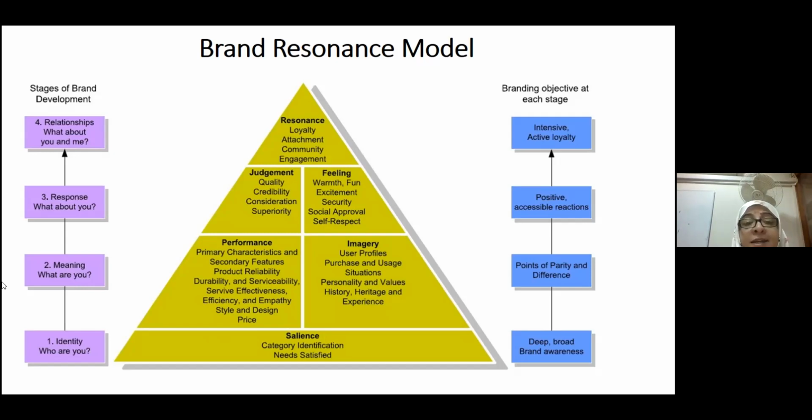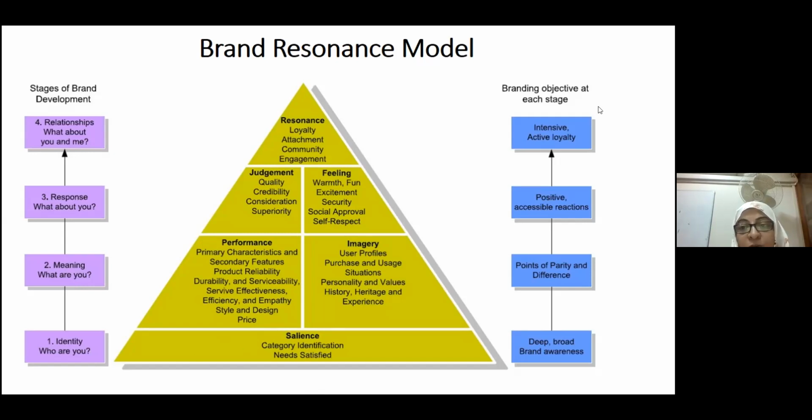So he has stated that the power of the brand resides in the mind of the consumers, right? But in order to make the brand more powerful, you have to move from the bottom of this pyramid towards the top or the apex of the pyramid.